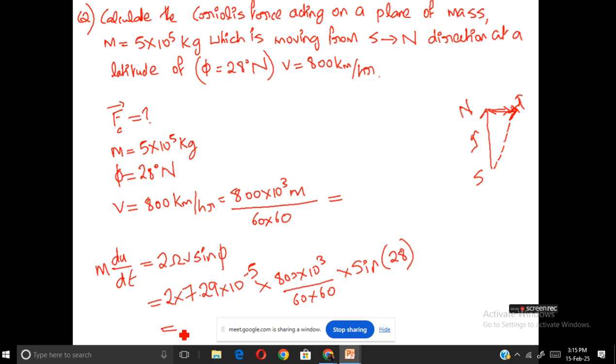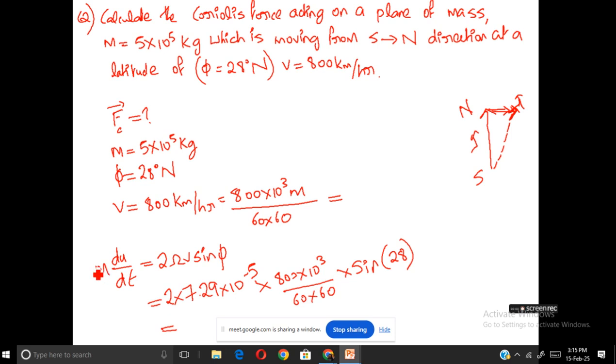Or we will just calculate m du by dt. This is basically du by dt. After finding du by dt, we will find the Coriolis force.